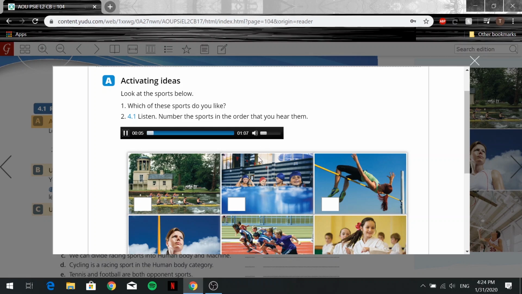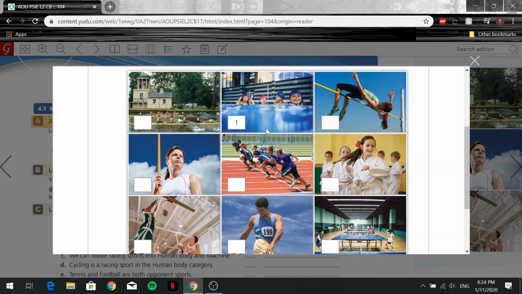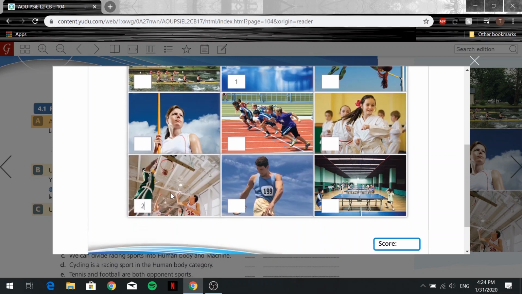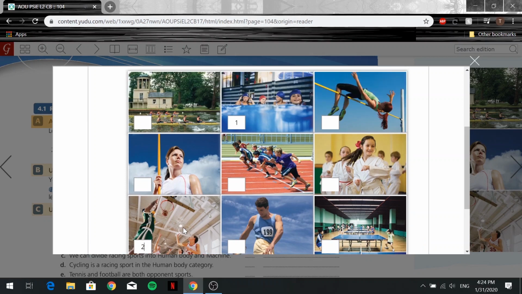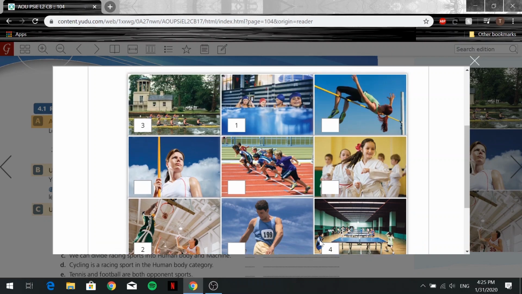1. These children have just finished a swimming race. 2. These boys are playing basketball. One team has just scored. 3. These boys are rowing. They are moving very fast through the water. 4. These children are playing table tennis. It is a very fast game. 5. These children are starting a running race.